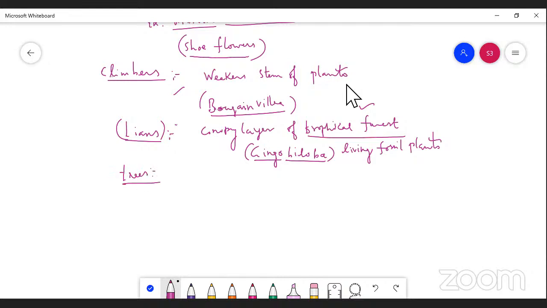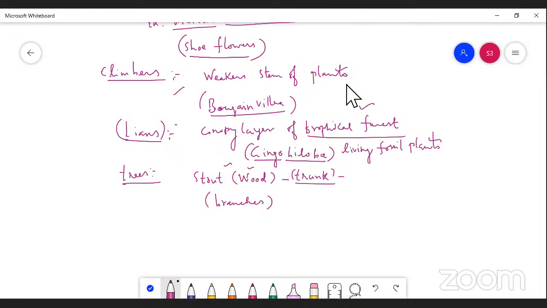The trees are softwood. The trunk is called the stem or wood. And branches.